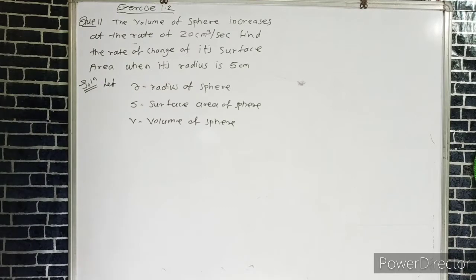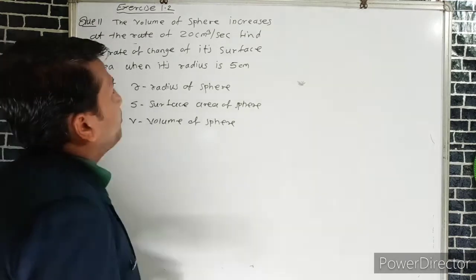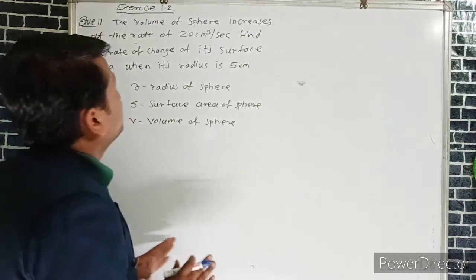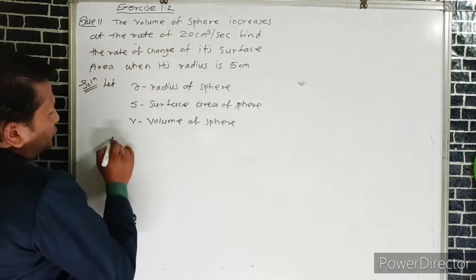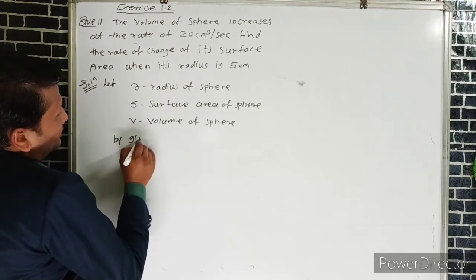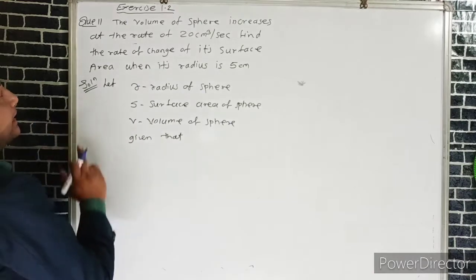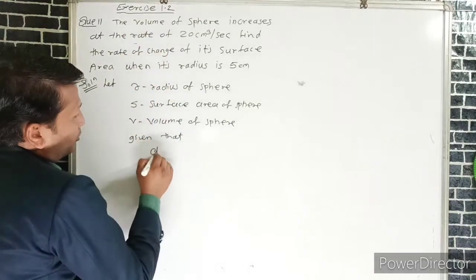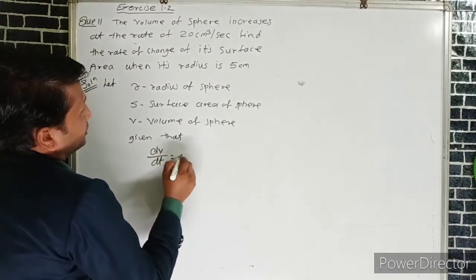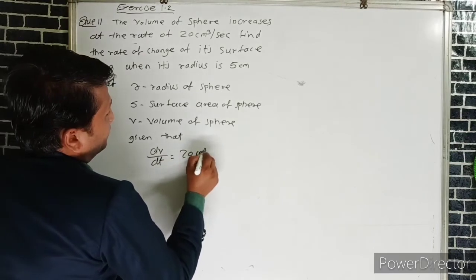And we know that the volume of the sphere V is equal to 4 by 3 pi r cube. So by the given condition, the rate of change of volume, dV upon dt, is equal to 20 centimeter cube per second.